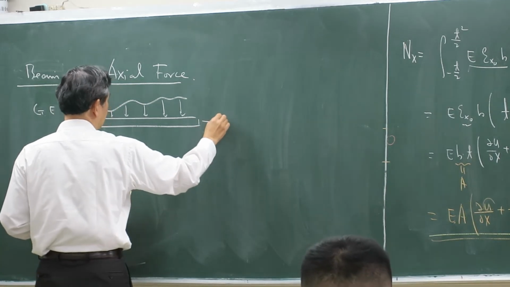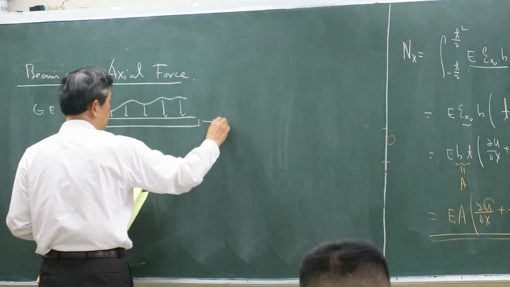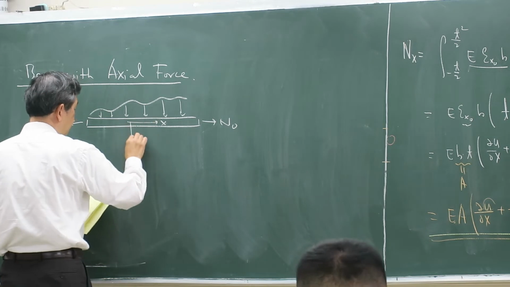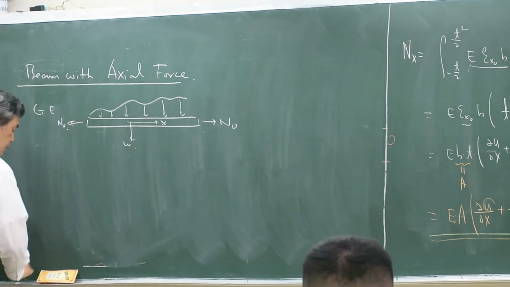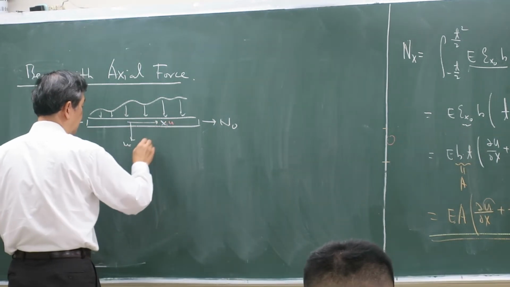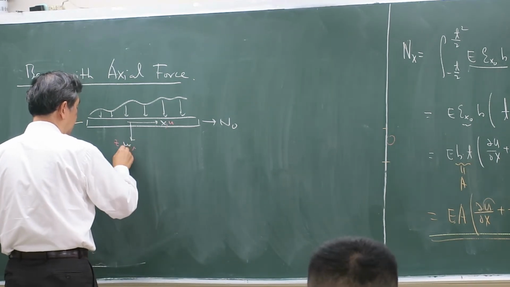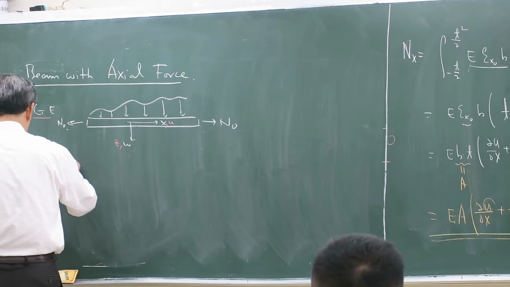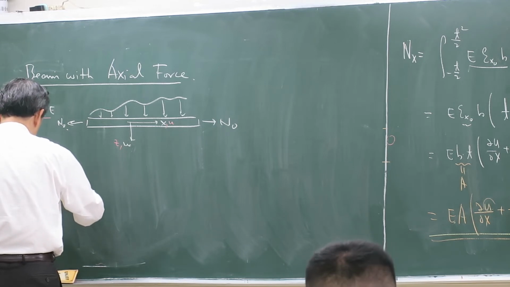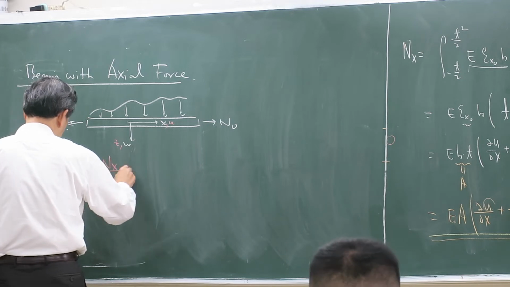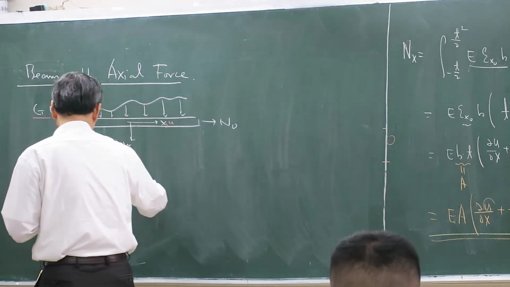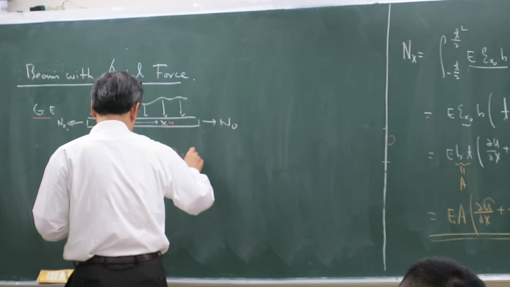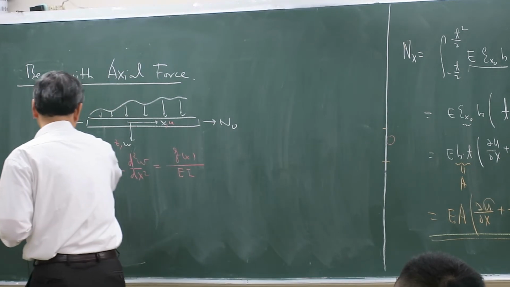Maybe you have N0, and it's my X and it's my W. And we have U and we have Z. The governing equation is d^4W/dx^4 minus Nx over EI times the second derivative.